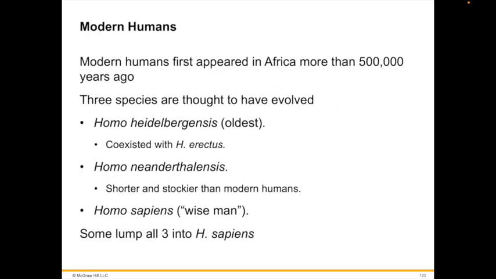And then modern humans first appeared in Africa over 500,000 years ago. So there is where it began, on the continent of Africa.